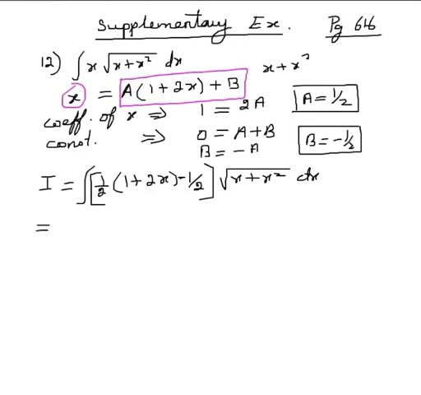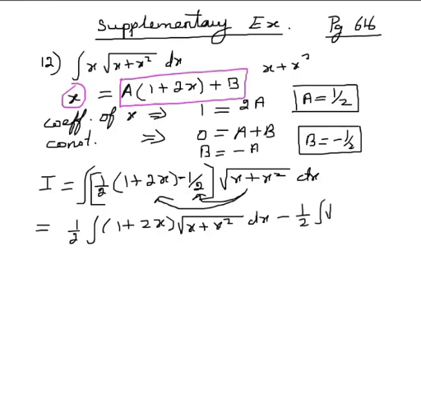First step is over. Now the second step is, we separate the terms. Open the brackets, distribute this term: half integral 1 plus 2x, root of x plus x square dx, and then minus half into integral root of x plus x square dx.